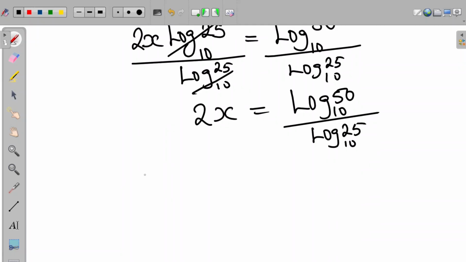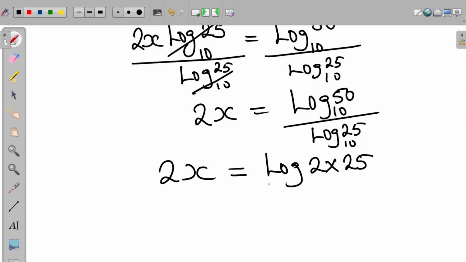The right hand side can be expressed as log of 2 times 25, enclosed in a bracket, divided by log 25. Now they are all in base 10.